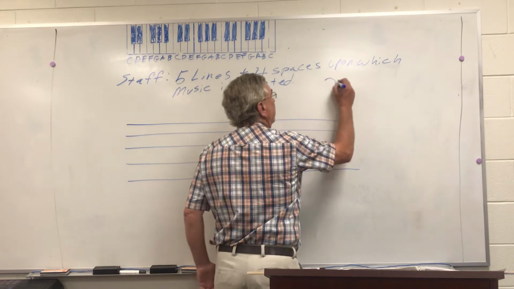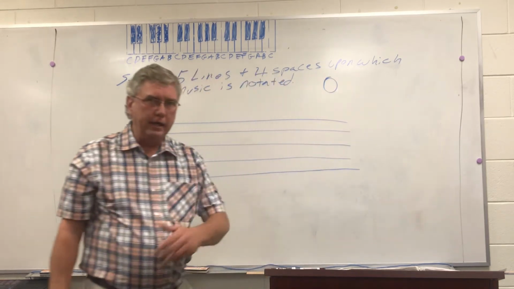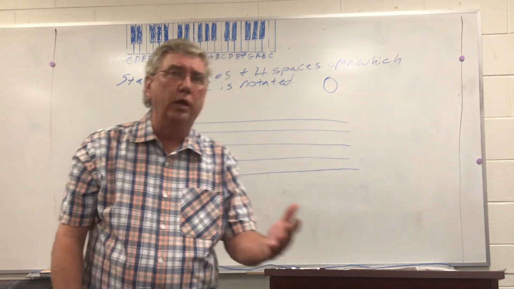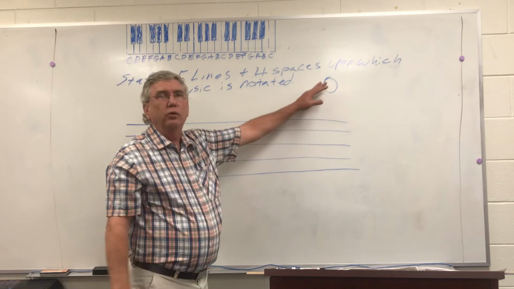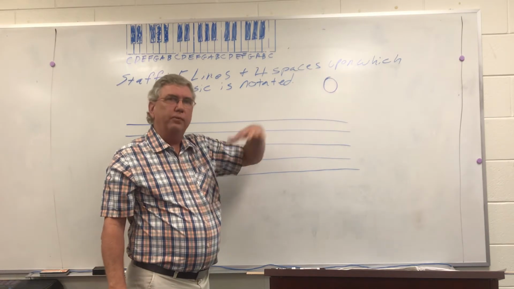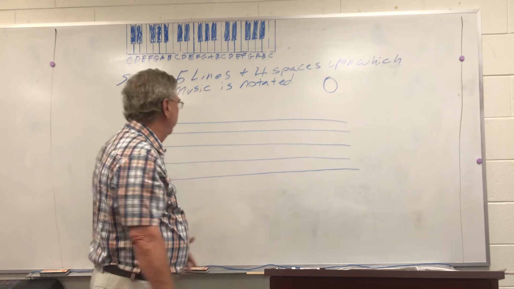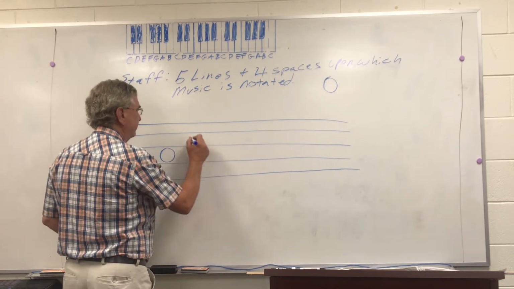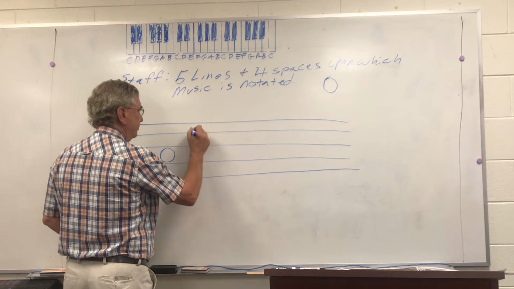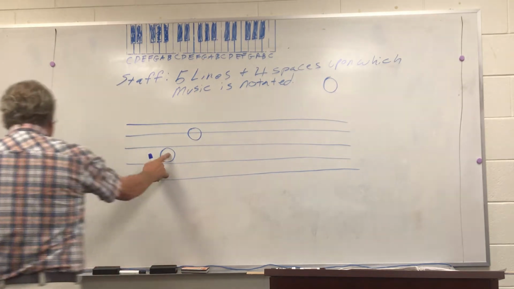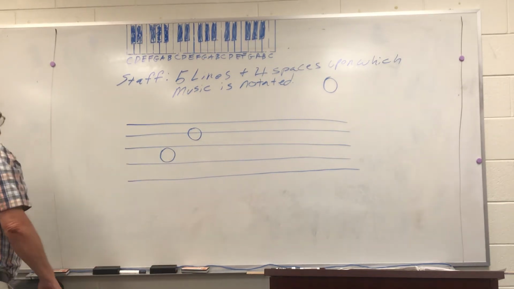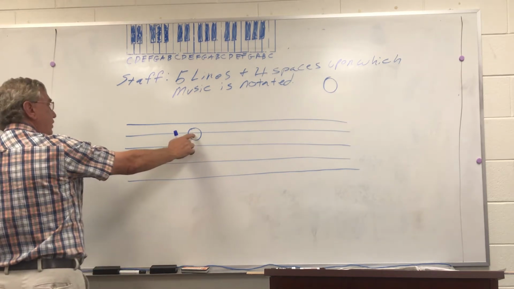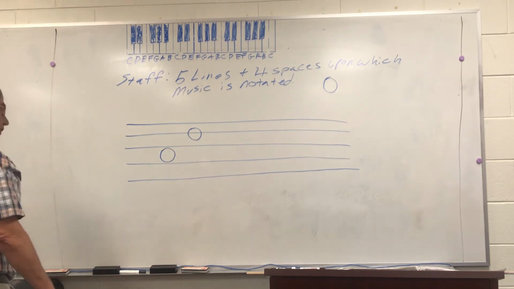This, we will find out in the next lesson, is called a whole note. I'm going to use whole notes now to represent the different pitches on the staff. When I see this note on the 4th line, I know to play this key.